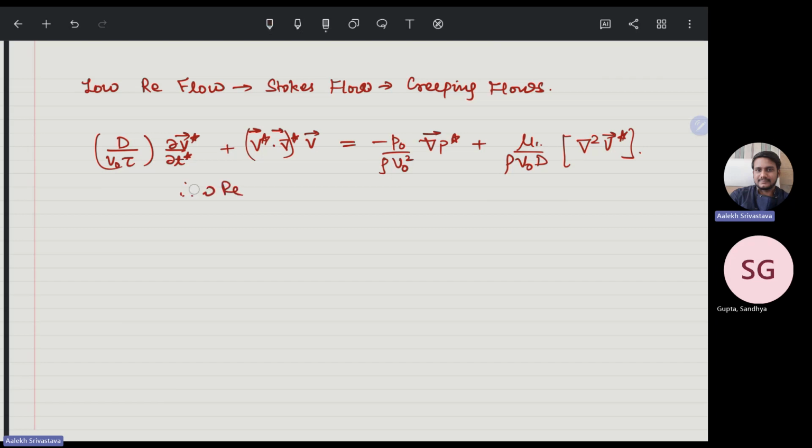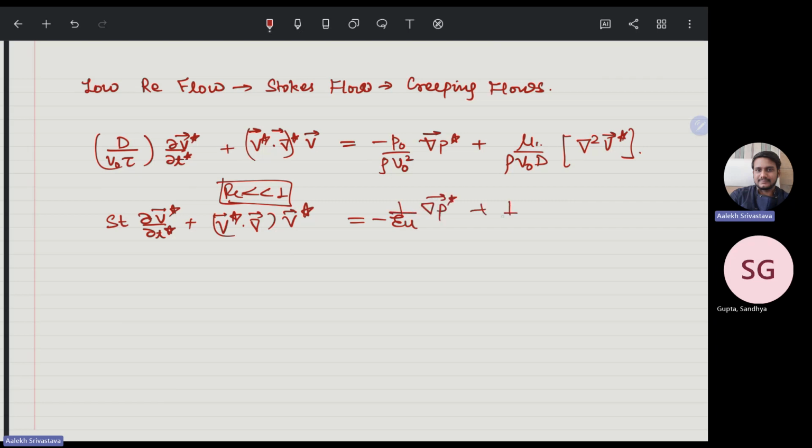Now in Stokesian flow, it is a low Reynolds number, so here the Reynolds number is much less than one. Each term: the Strouhal number times this non-dimensional term is equal to minus 1 by Euler number times gradient of P star plus 1 by Re times this star term.